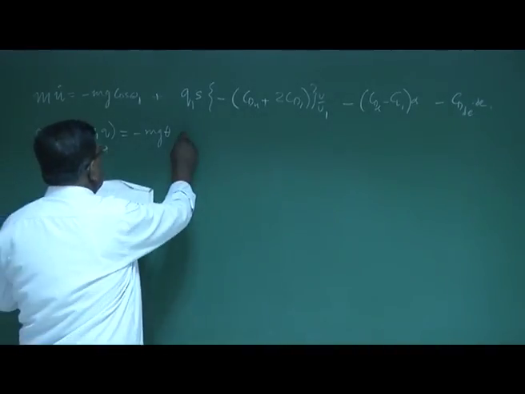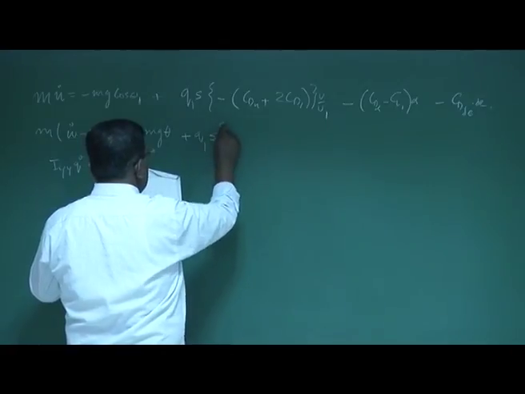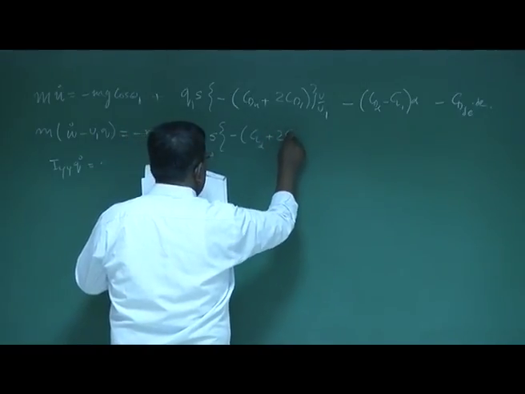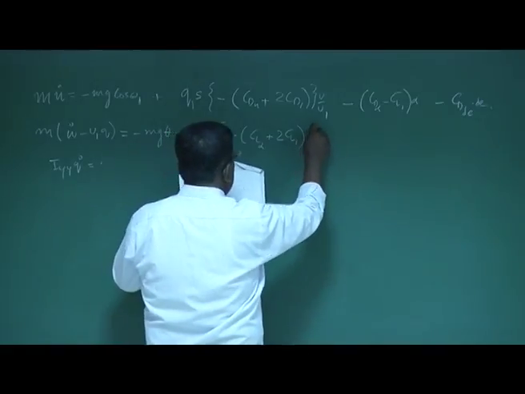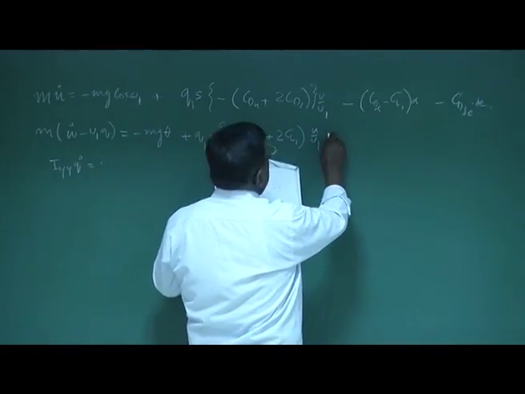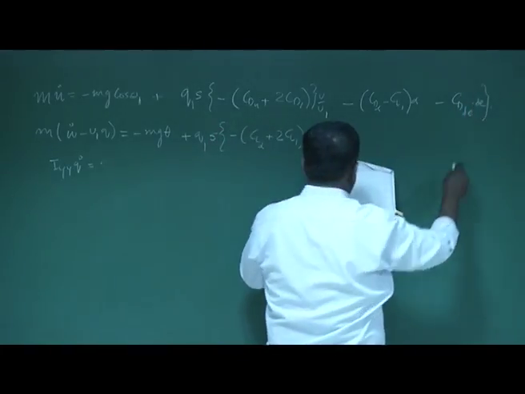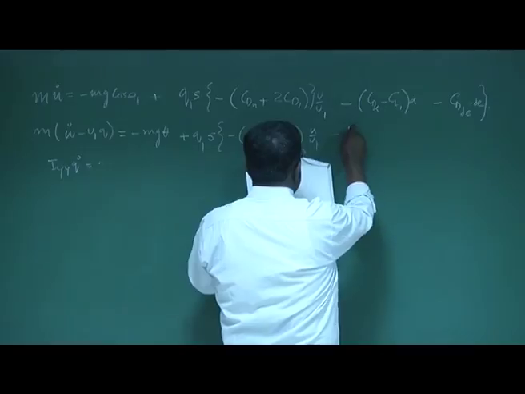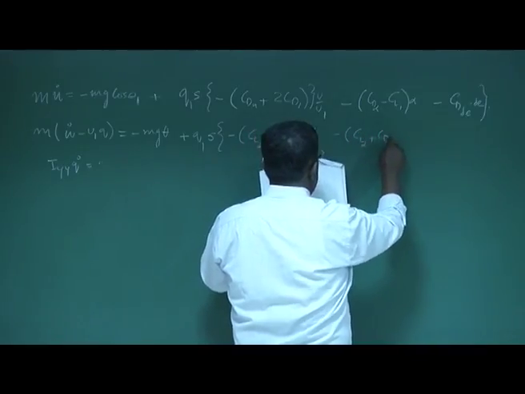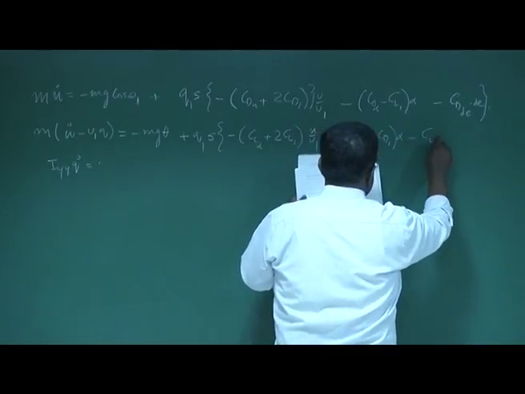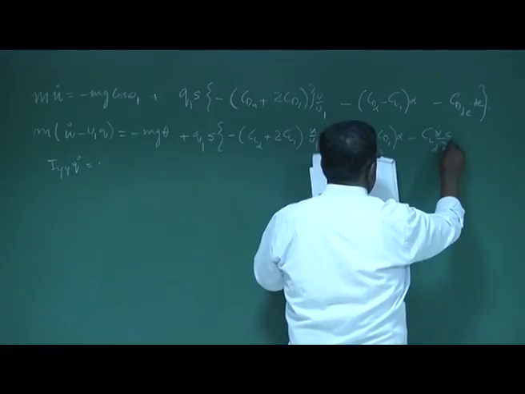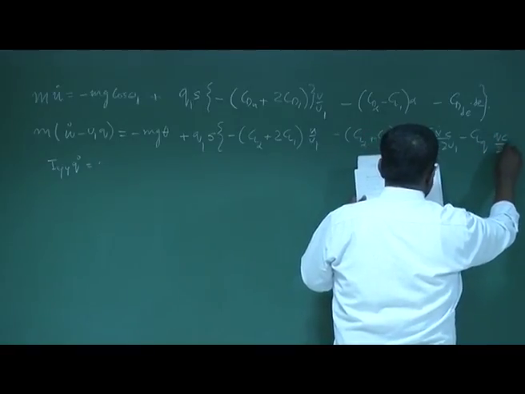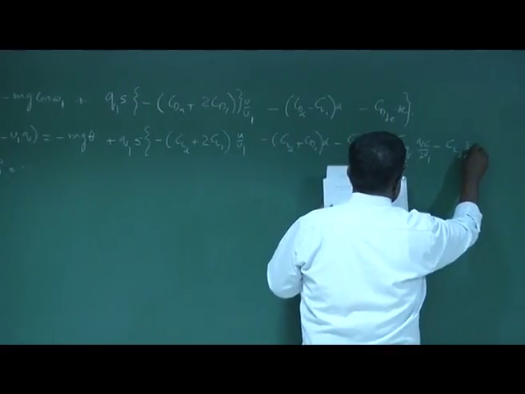And for Fz we derived these expressions, Q1 S, and then minus CL alpha plus 2 CL1 into u by u1, minus CL alpha plus CD1 into alpha, minus CL alpha dot into alpha dot c by 2u1, then minus CLq into q c by 2u1, minus CL delta e into delta e. Q1 S is common here.